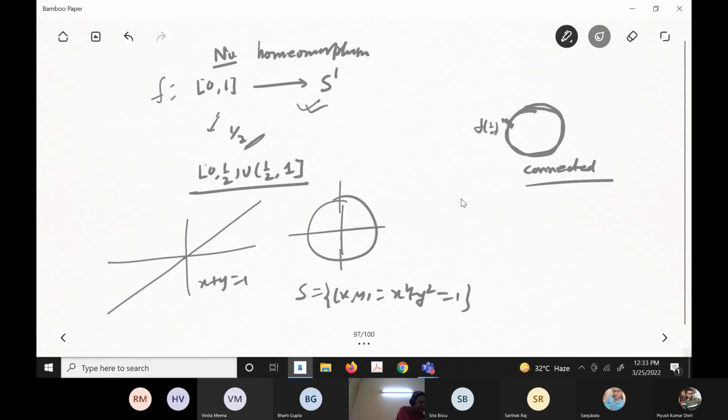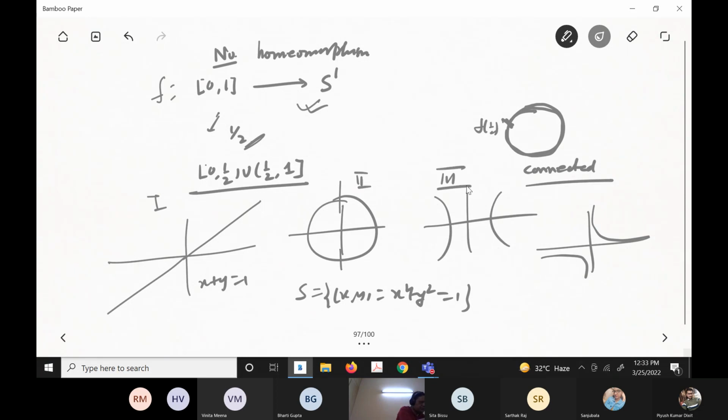And then I had this, this fourth one. I asked, find out which pair is homeomorphic, for which pair there is a homeomorphism.